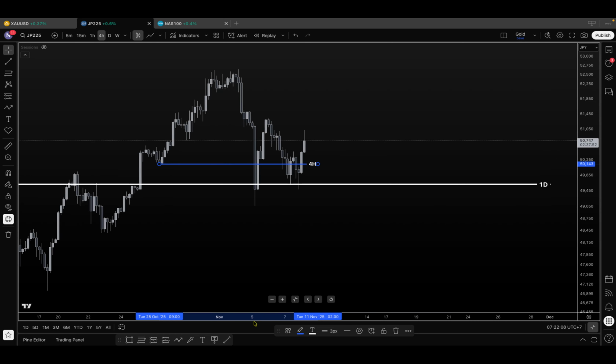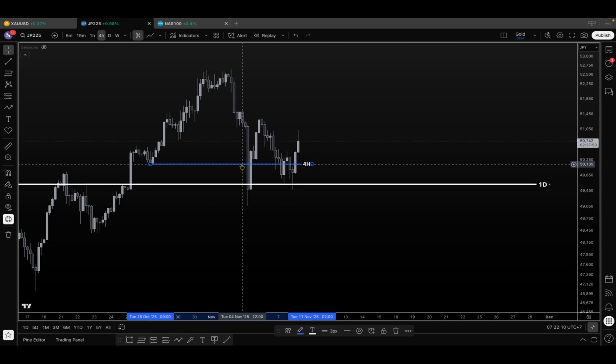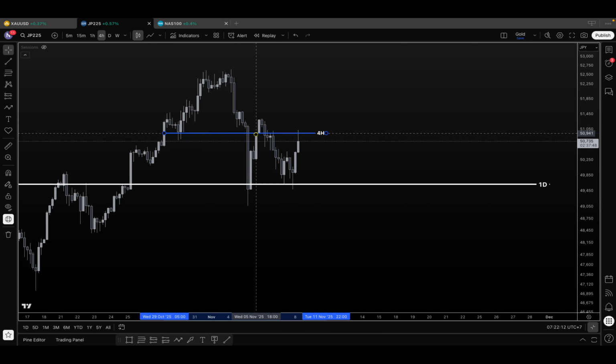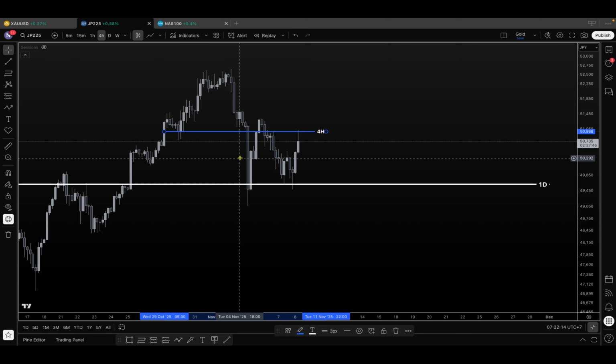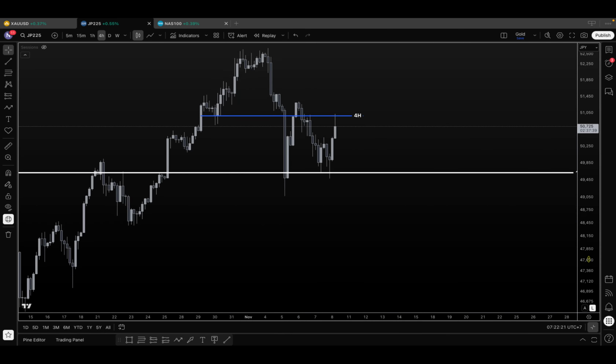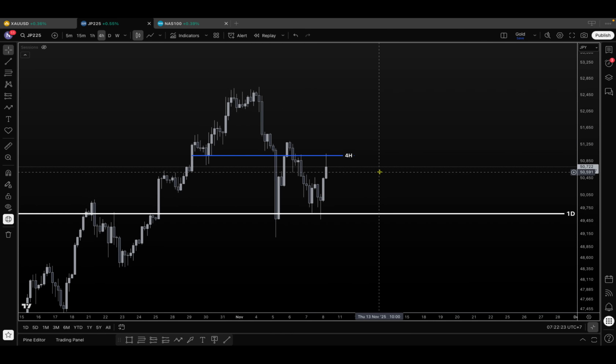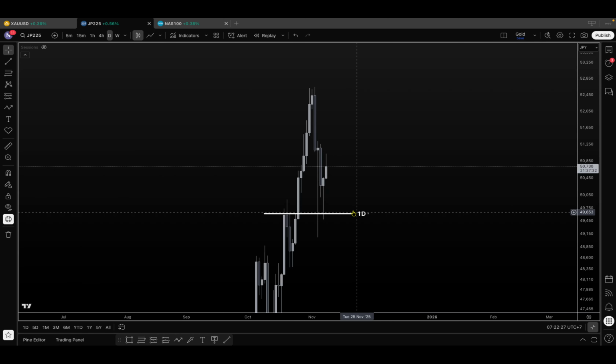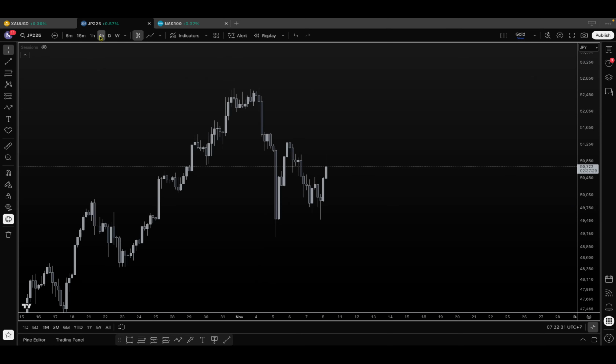So with that being said, I took a few losses, and I expect to have a long trade from this area of interest on the daily time frame.